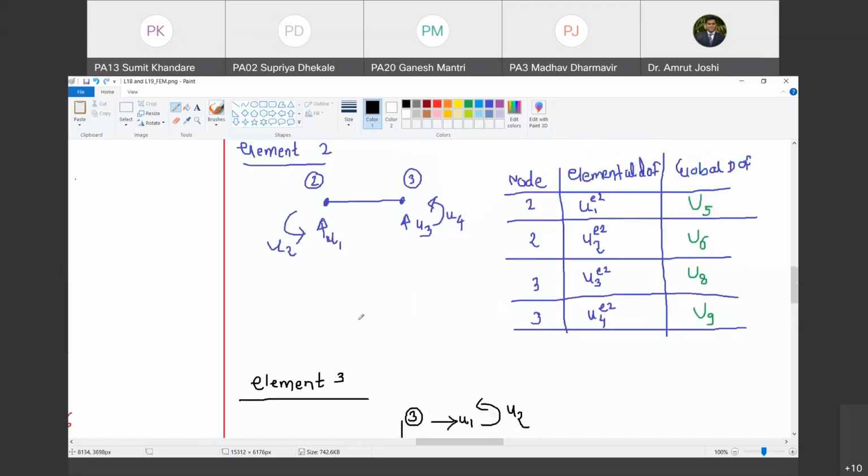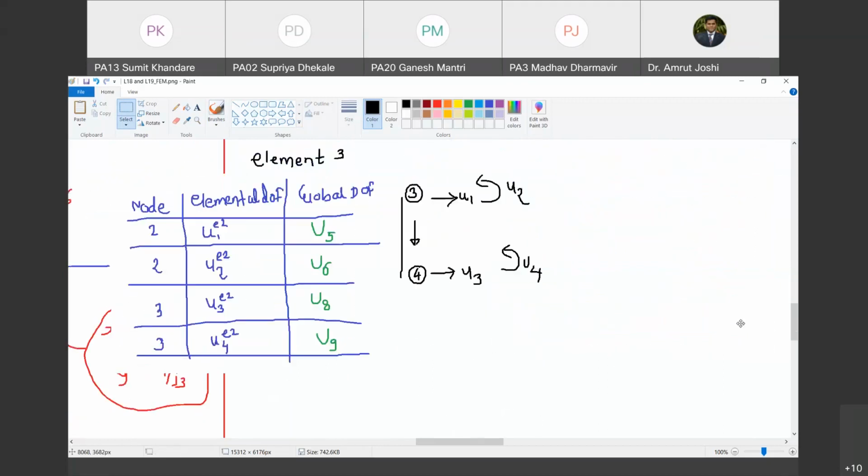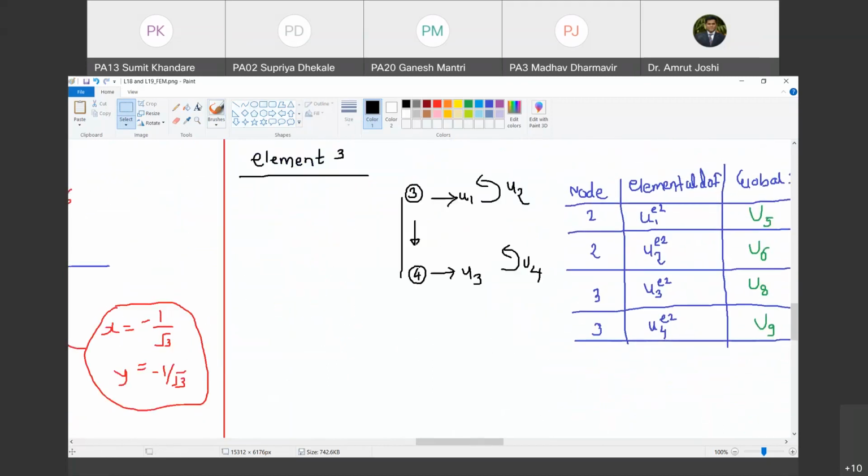Are you with me? Yes, sir. So I'm going to have a similar table here: node, elemental degree of freedom and global degree of freedom. So what are the nodes here? 3 and 4. Node 3 and node 4.